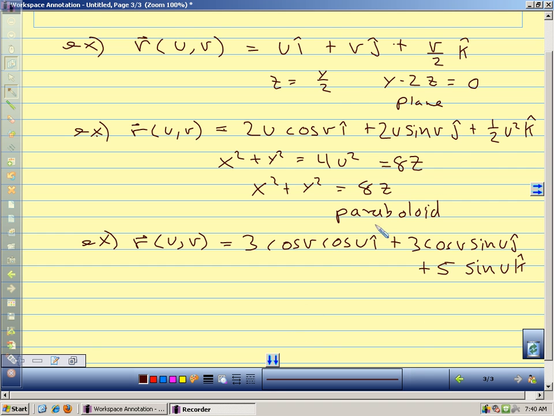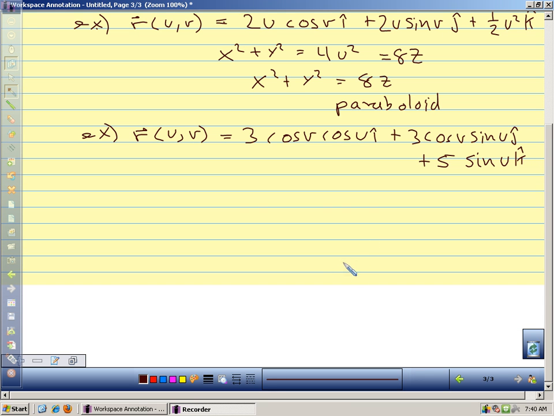So what do we want to do with this one? Square x and y. So x squared plus y squared, we end up with 9 cosine squared v.